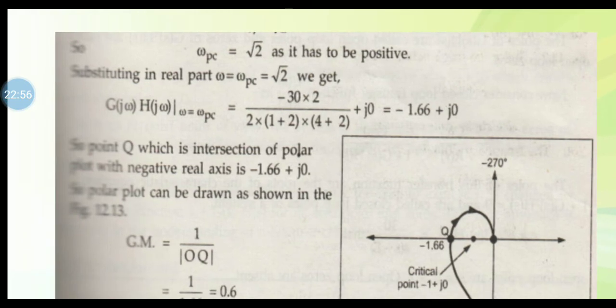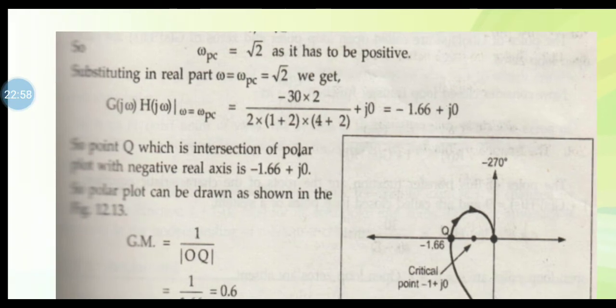Now we substitute in the real part omega equal to omega pc equal to root 2. What we get is G of j omega, H of j omega at omega equal to omega pc is minus 30 into 2 divided by 2 into 1 plus 2 into 4 plus 2, plus j0. Substituting in the real part, it comes to minus 1.66 plus j0.